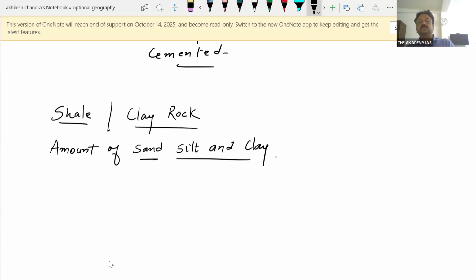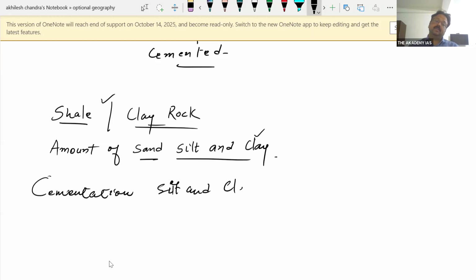If silt and clay is more, it is shale. If clay is more, it is clay rock. So shale and clay rock form because of compaction or cementation of silt and clay. These are what are called clay rock or shale rock.